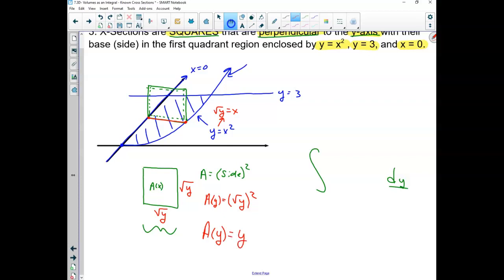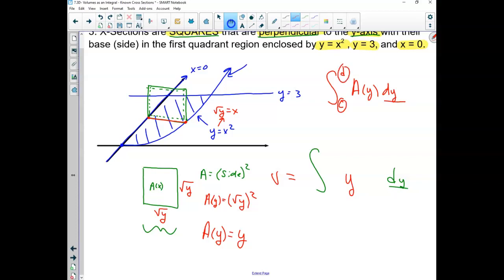So what we're doing here is taking my integral from c to d of A of y dy. My A of y is y. That's what my volume is going to equal. Now I need my limits in terms of y.